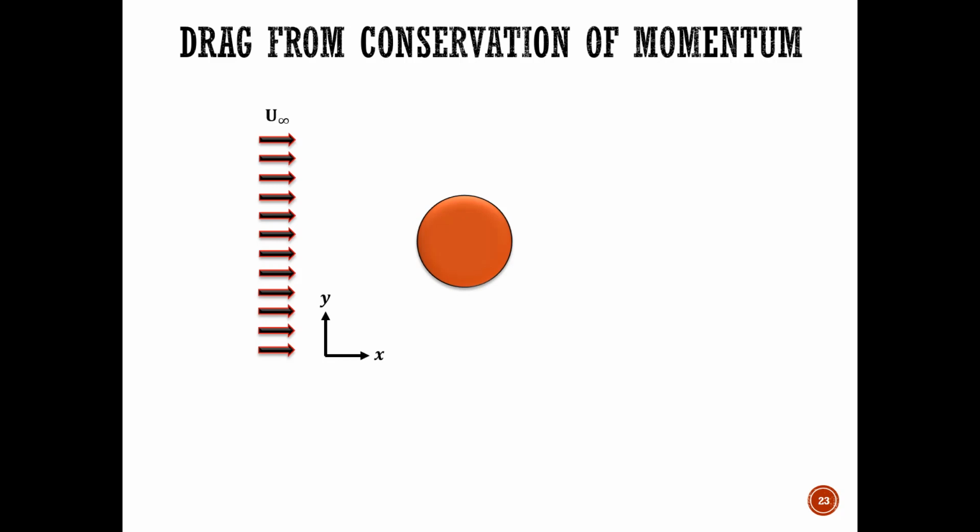You may think that here's a velocity meeting the cylinder. But since air has mass and is traveling at a certain velocity, let's consider that the air meeting the cylinder has some momentum, m1, which is basically mass times velocity.